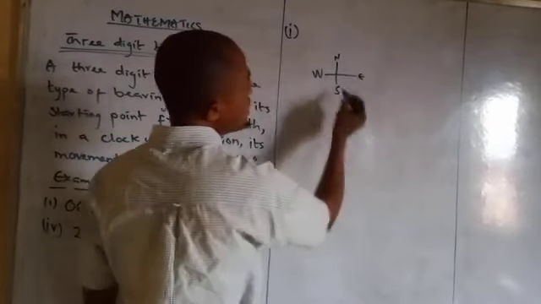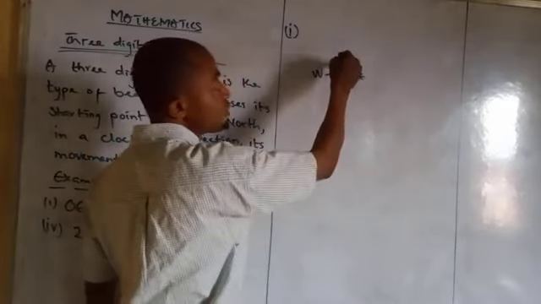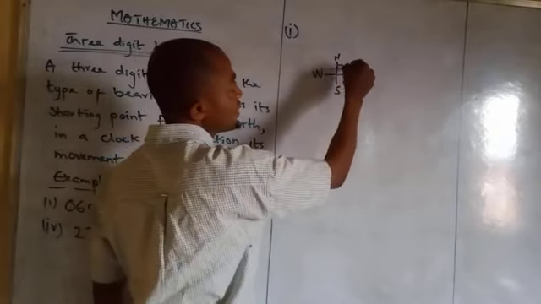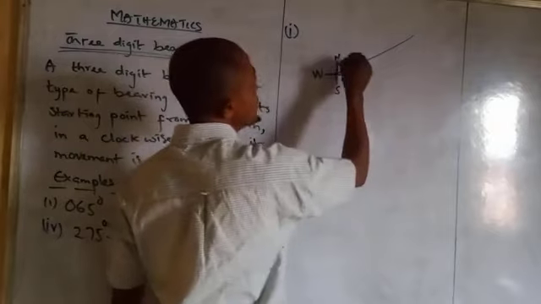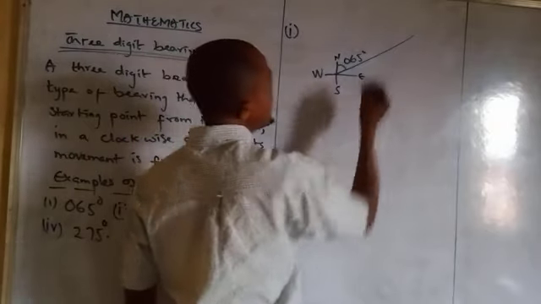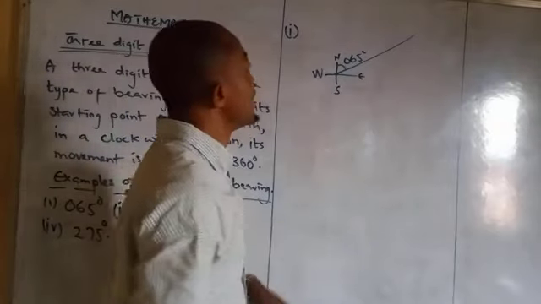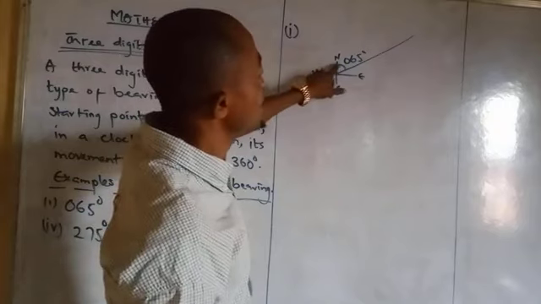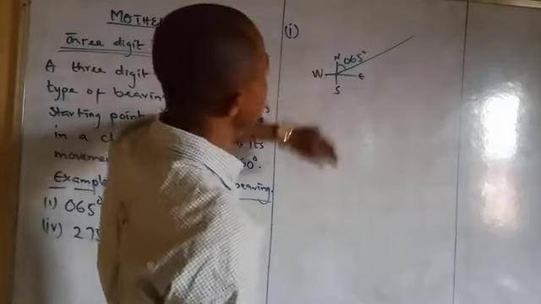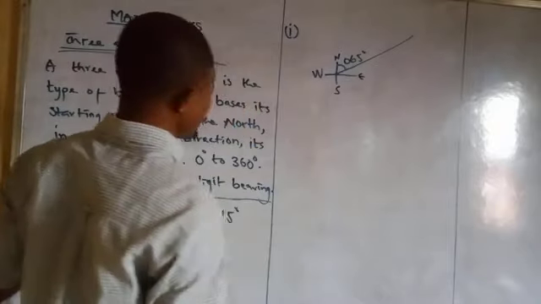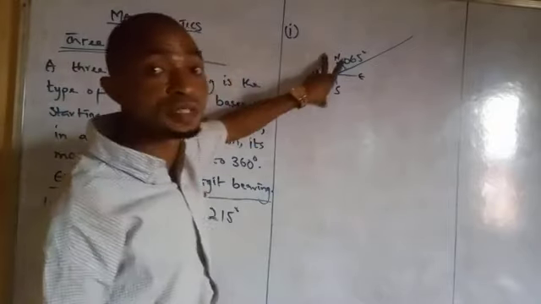So it's 065 degree from the north. We always start from the north. You go like this, then 65 degree. We see that the 65 degree is still within the first quadrant. So to represent this 65 degree in our diagram, we are going to have this.